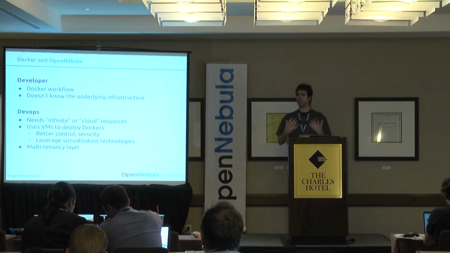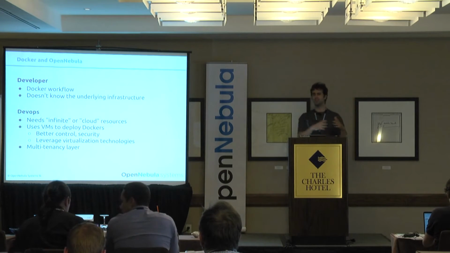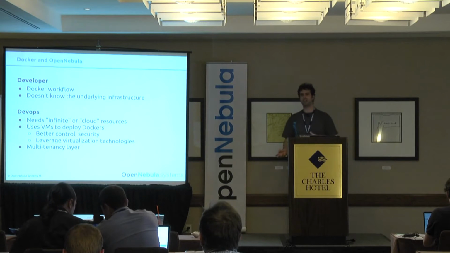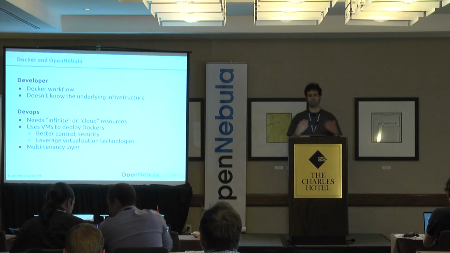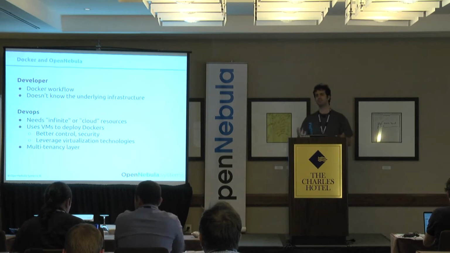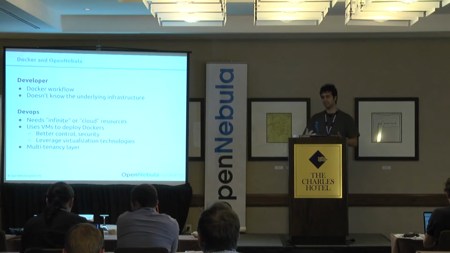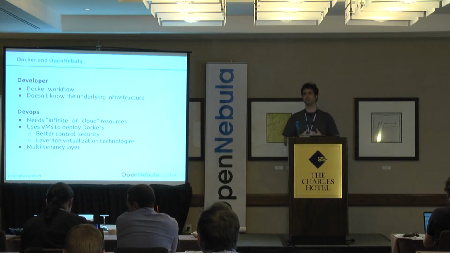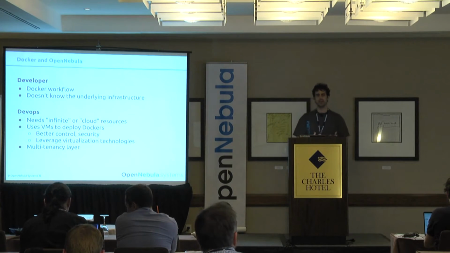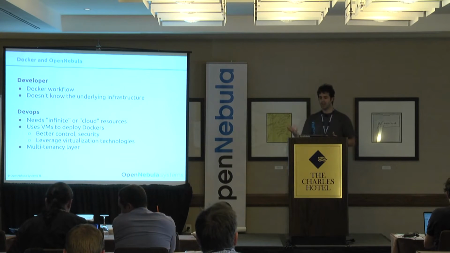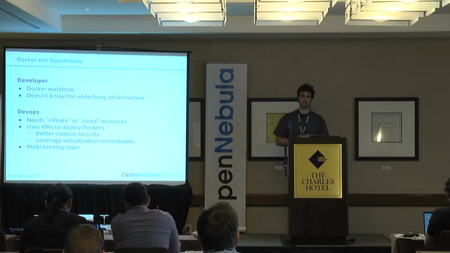So the developer only cares about the Docker workflow. He doesn't want to learn another API. He doesn't want to learn about how to use OpenNebula. He doesn't need to know about the underlying infrastructure. But the DevOps does. And for the DevOps, or for the sysadmin, it's very cool to have an underlying infrastructure that is infinite, that is a cloud, because he knows he can grow. He can leverage the virtualization technology.